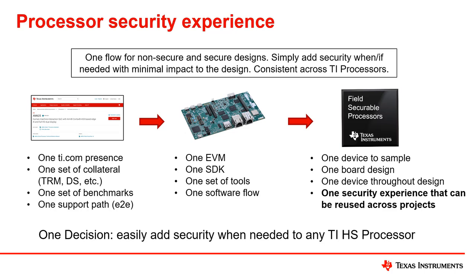Everything from the EVM you buy, the software that you're going to use, the devices that you're going to sample. If you choose to use the field securable devices, you're going to be able to go through the design process using that one flow, and then, as was indicated, you can just turn on security when needed.